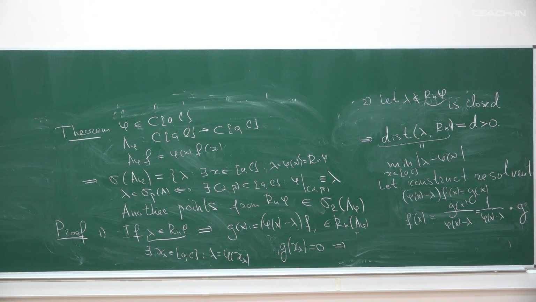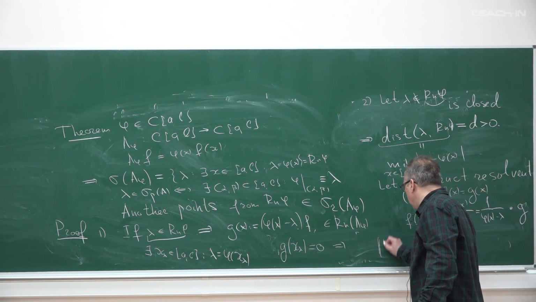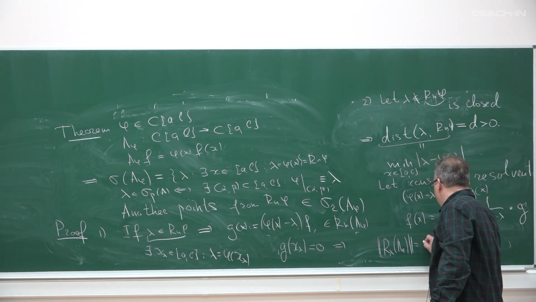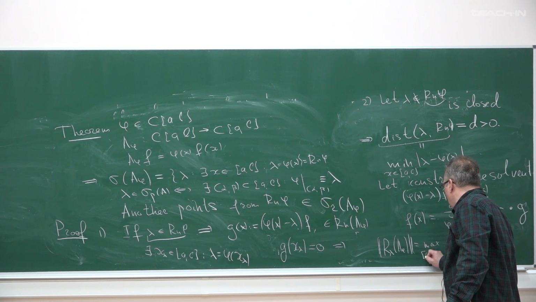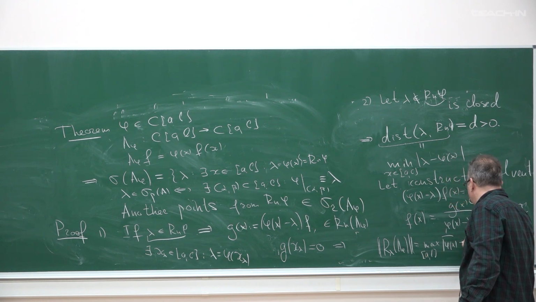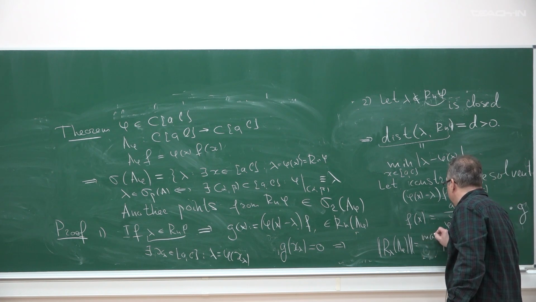What we know about the norm of operator of multiplication of function? We calculated. The norm of operator of multiplication on function is the maximum of this function on interval AB. So the norm of resolvent is just the maximum on AB of this function.